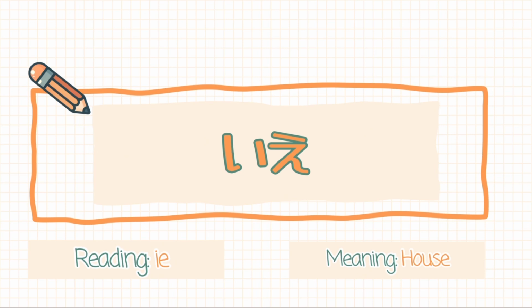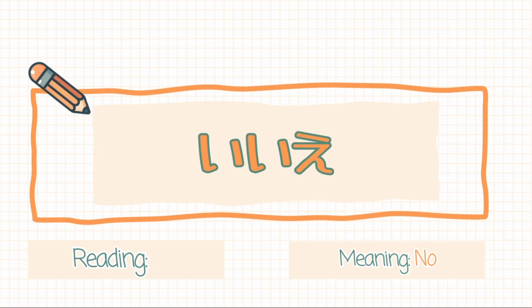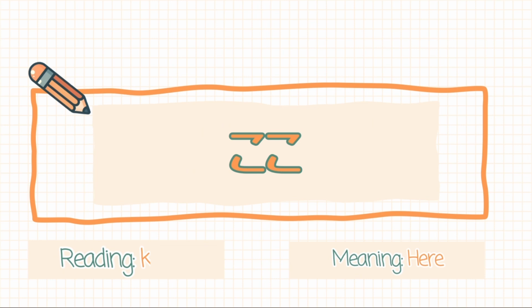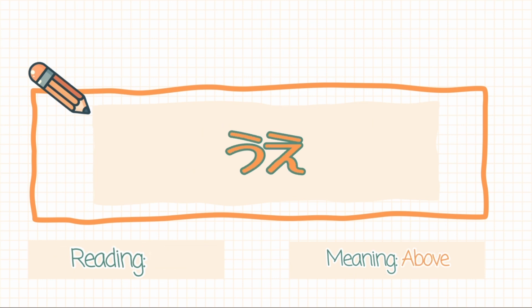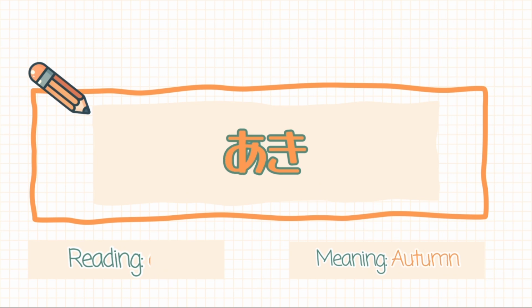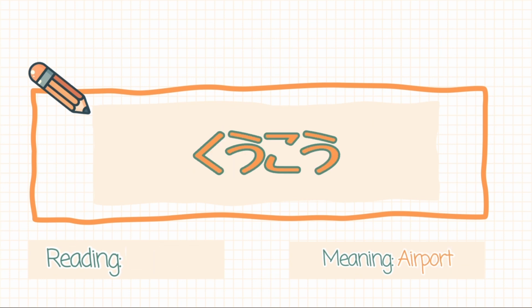Ie, house. Iie, no. Iku, to go. Koko, here. Ue, above. Eki, station. Aki, autumn. Kuko, airport.